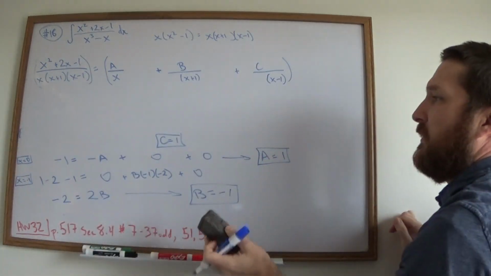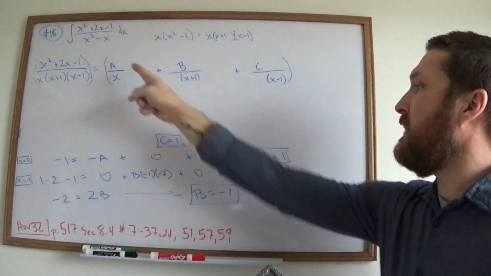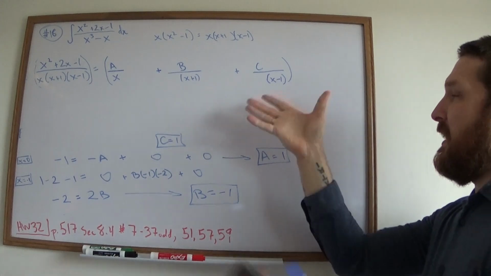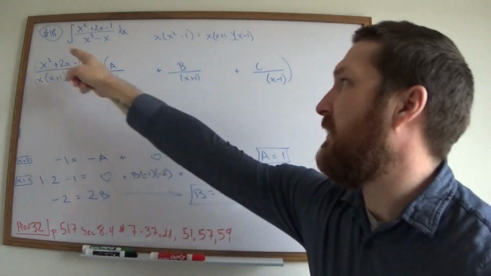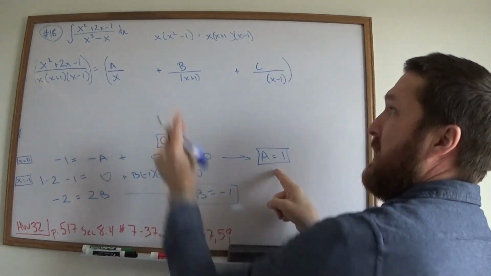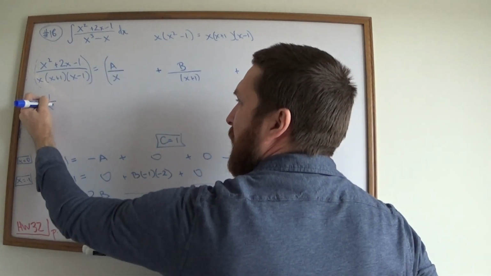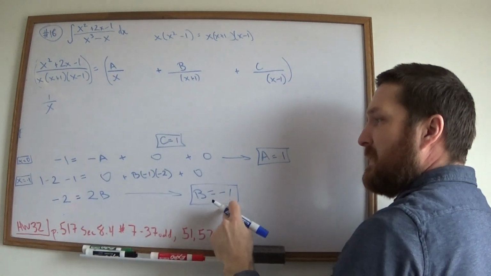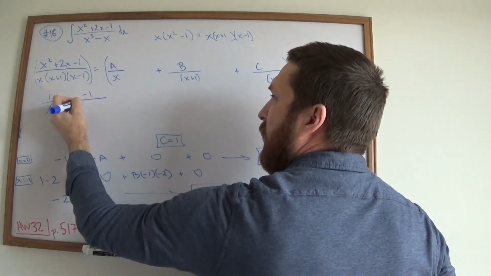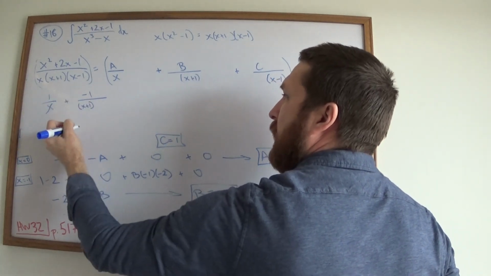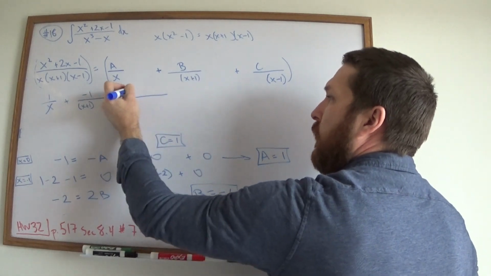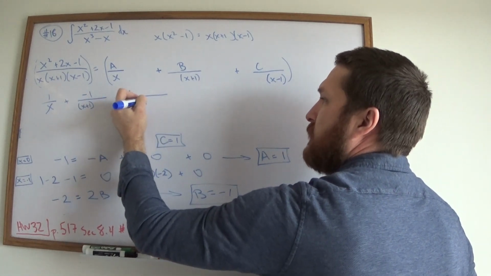I just want to make sure that when I put a 1 here, and a negative 1 here, and a positive 1 here, that I could add those together to get that thing right there. So, let's see what happens. A is 1, so I have 1 over x. B is negative 1, so I'm going to write it as negative 1 over x plus 1. C is 1, so that should be plus 1 over x minus 1.